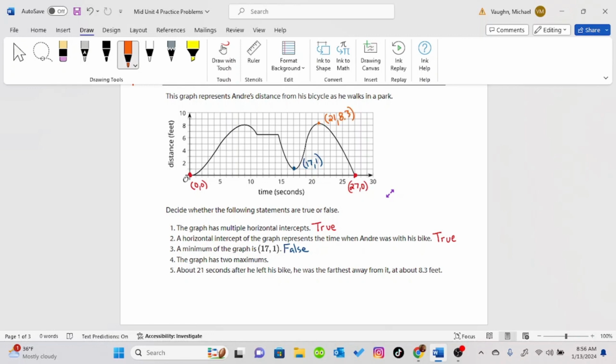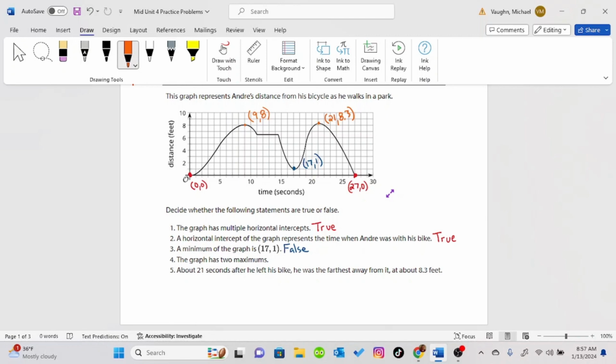We have another point over here at about 9, 8. So while it might have 2 relative maximums, each of these points is greater than the points around them. 8.3 is a larger value than 8.